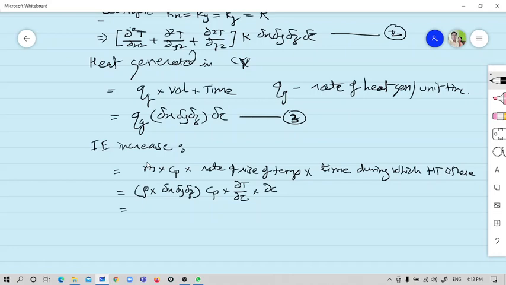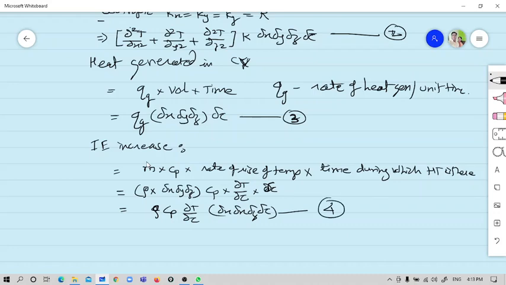Rearranging this, I can write it as rho into Cp into dT by d tau into delta x, delta y, delta z into delta tau. Let us call this equation 4.